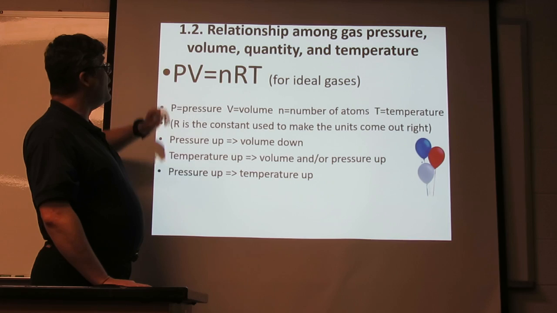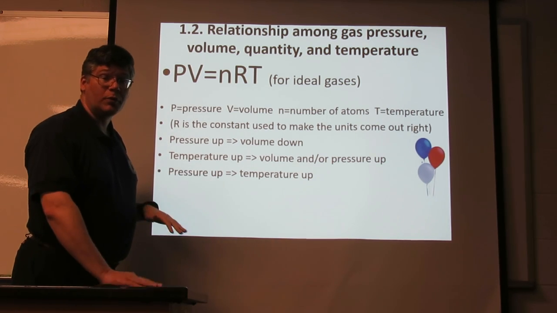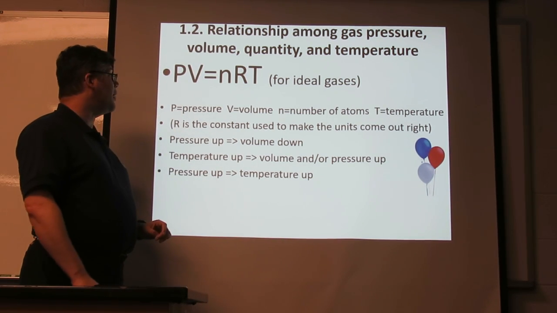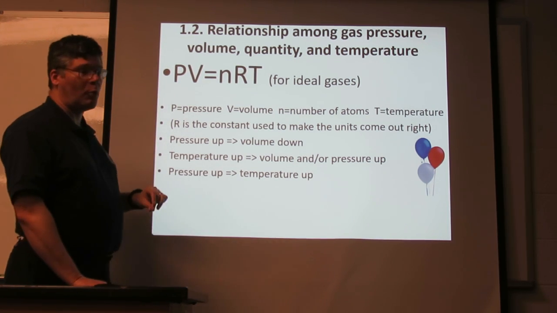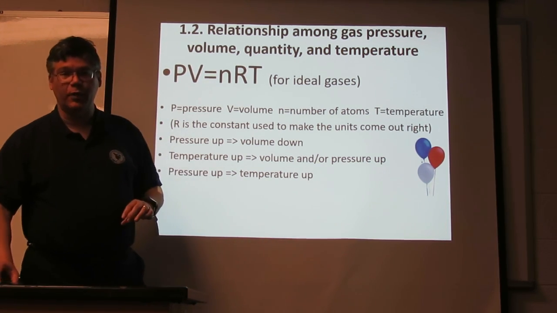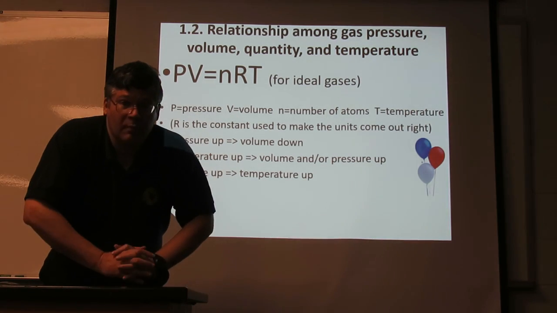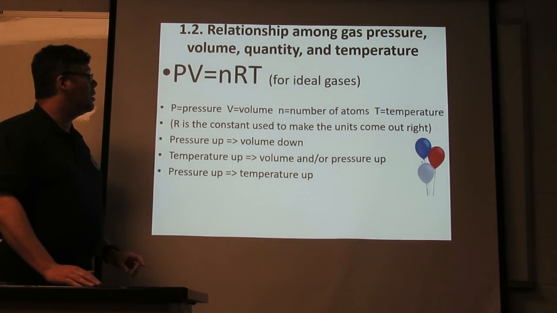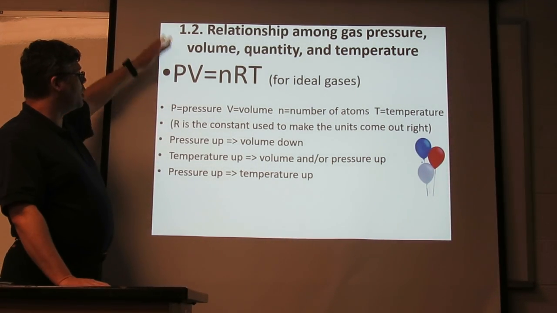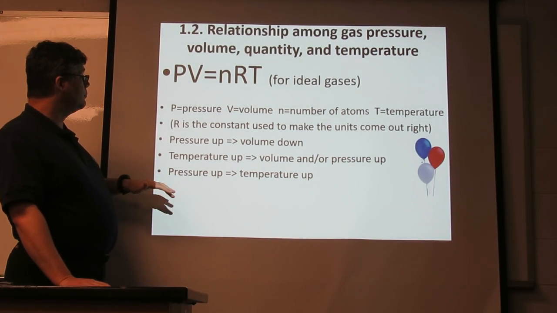Things on either side of the equals will tend to both go up or down together. So for example, put more pressure on something, or you can imagine, say we had a balloon, put pressure on it, squeezed it, yeah, that would make it smaller. So pressure going up, volume down.